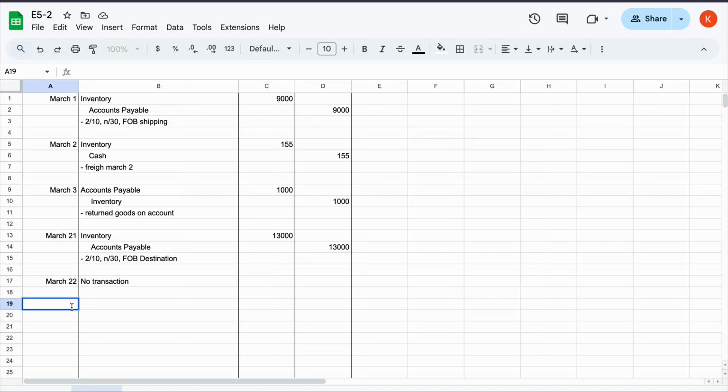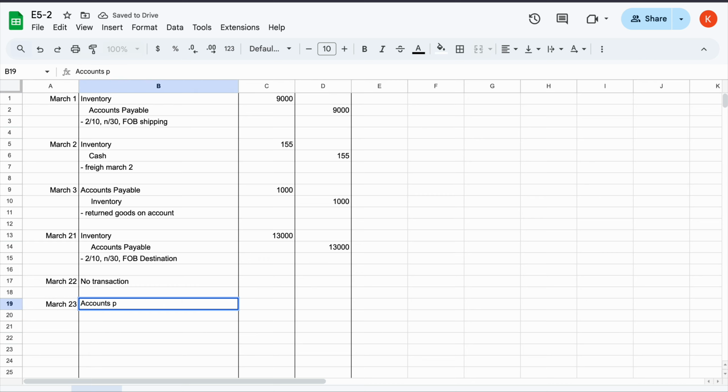Moving on to the 23rd, seller returns $400 of merchandise purchased on the 21st because it was damaged. Octagon gives seller a $400 credit on its account. We basically did this transaction previously, so it's not too big of a deal.